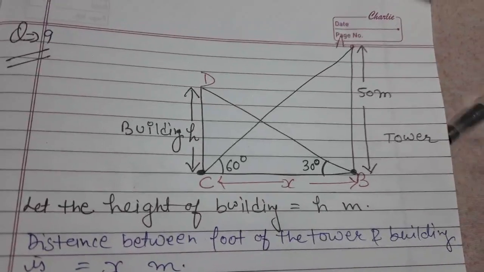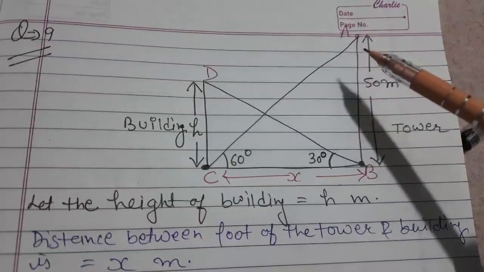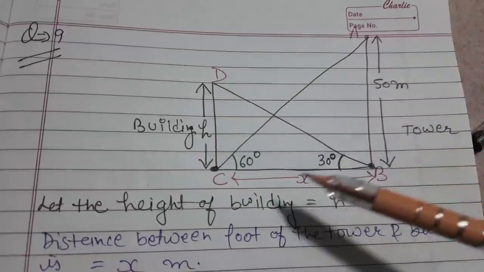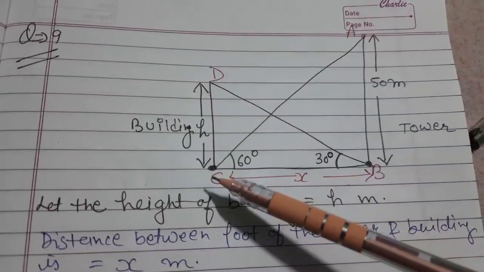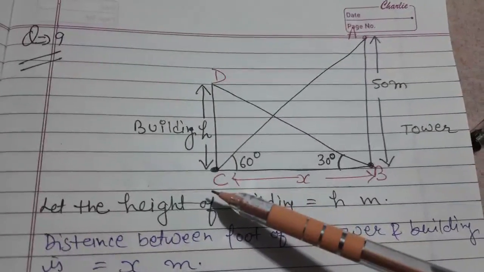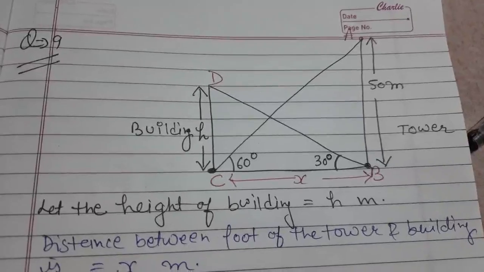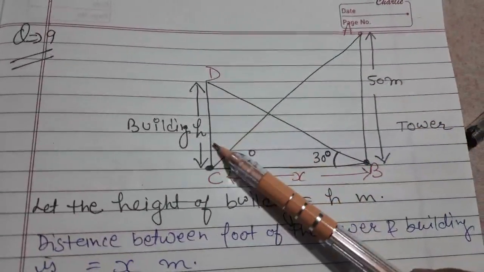According to the given information, a tower and a building are standing on the ground. As the angle of elevation from the foot of the building is more, the height of the tower will be more than the height of the building.